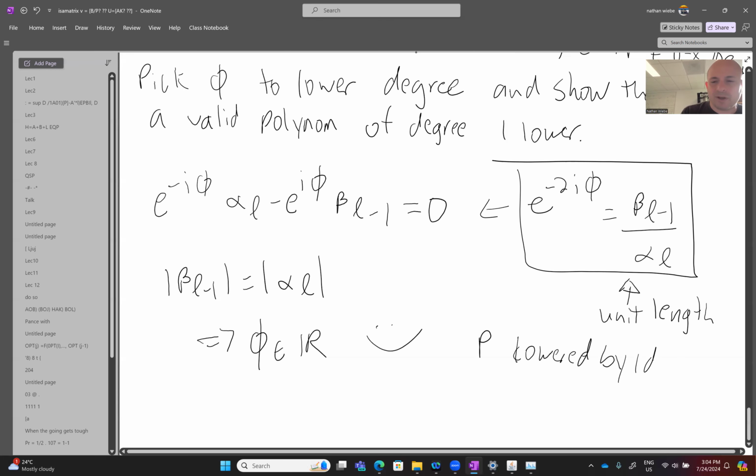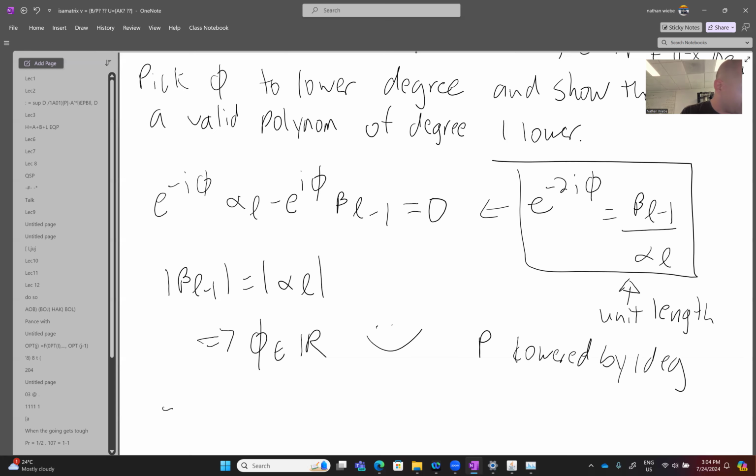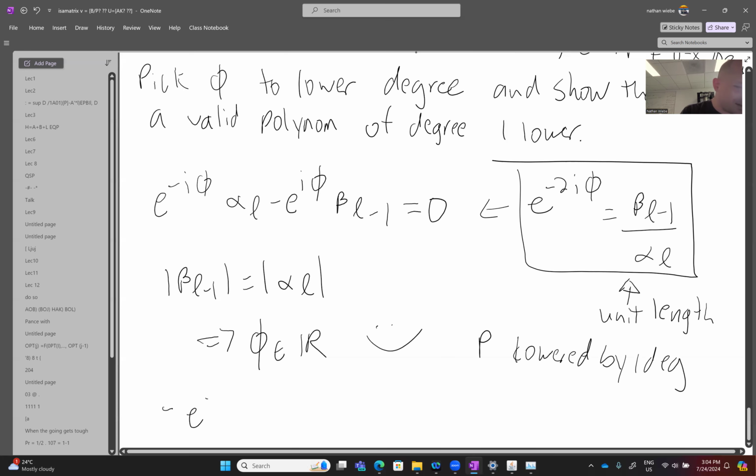Now, going through the exact same thing, by expanding the q term that we have up here, we end up getting that e to the negative i phi alpha L plus e to the i phi beta L minus 1 equals 0 if we want to lower q by 1 degree.